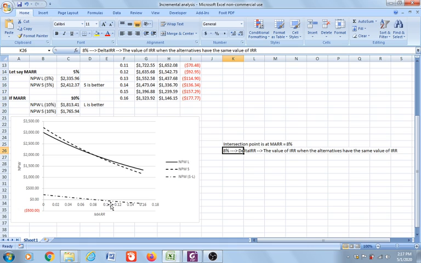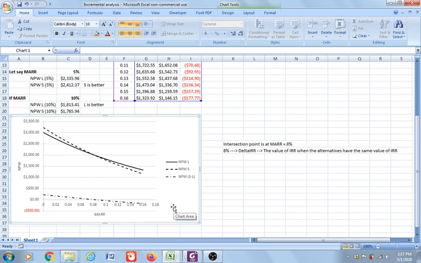From 8% until a value bigger than 8%, delta IRR is less than MARR, because the NPW line of S minus L is showing us a negative NPW of S minus L.